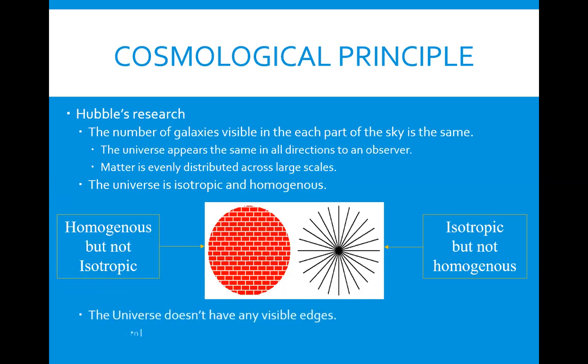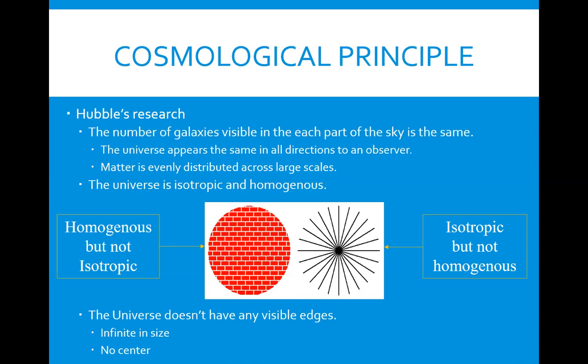But the really cool thing, though, are the consequences of the cosmological principle. Because the universe is isotropic, that means that it's the same in all directions. And if it's the same in all directions, and it's also homogeneous, then the consequence of that is that the universe doesn't have a visible edge.